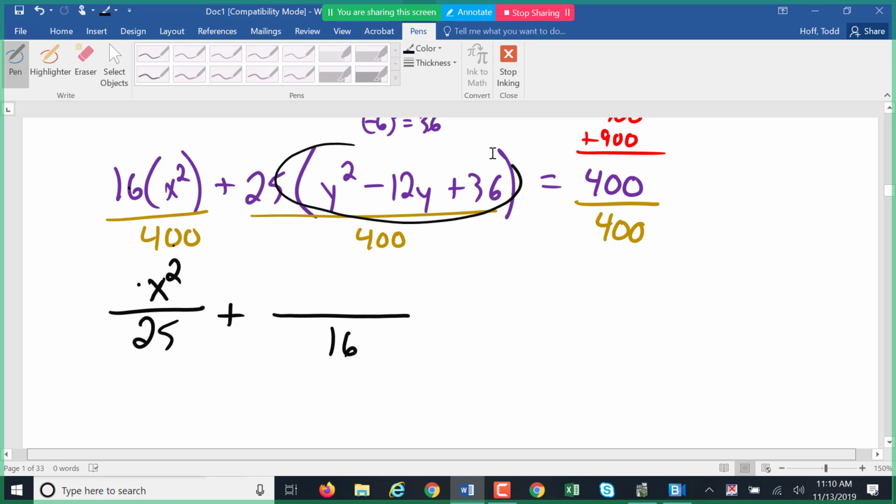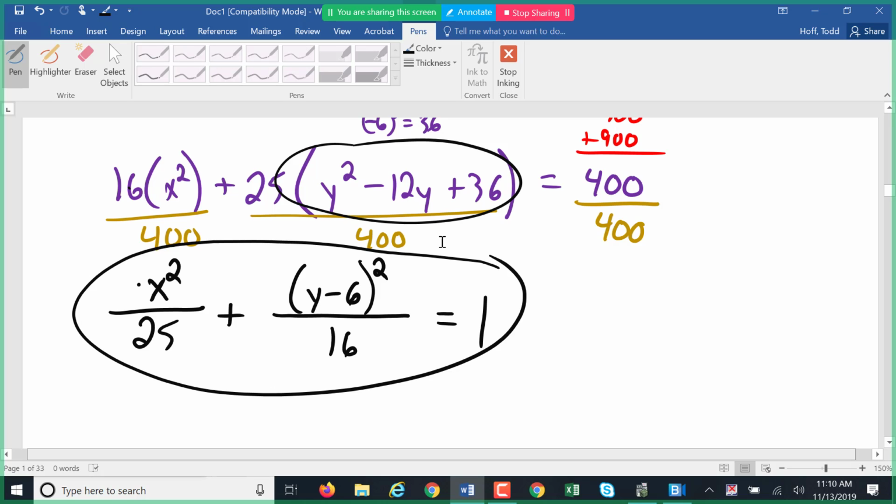This perfect square trinomial is going to be written as y minus 6 squared. Equals, on the right side, 400 divided by 400 is 1. So there is our graphing form of the equation of that ellipse.